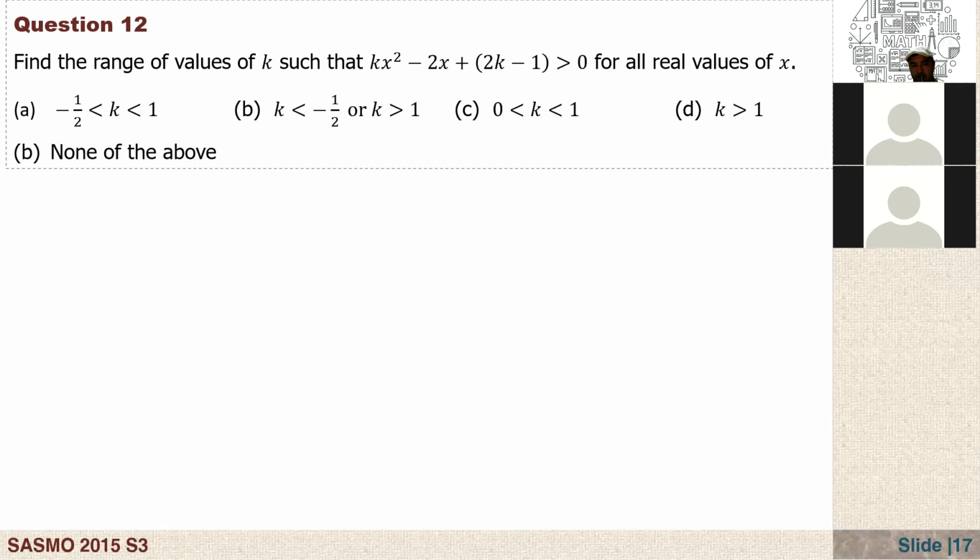Is the answer D? Yes. Why? Because 2k squared minus k minus 1 bigger than 0, and then the answer will be k bigger than negative 1 over 2, or k bigger than 1.